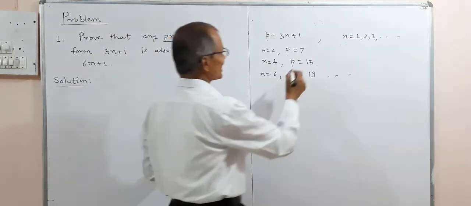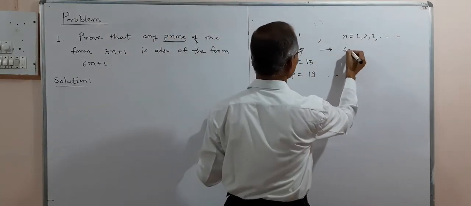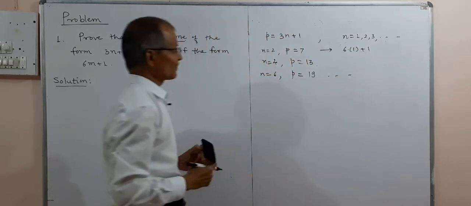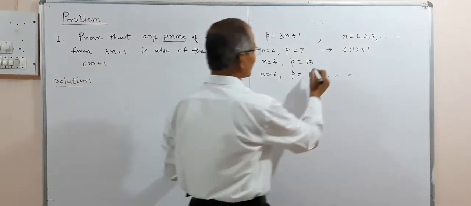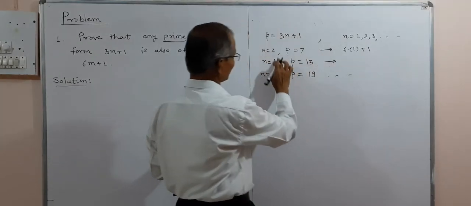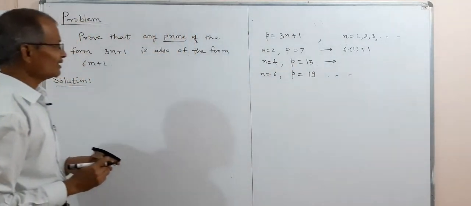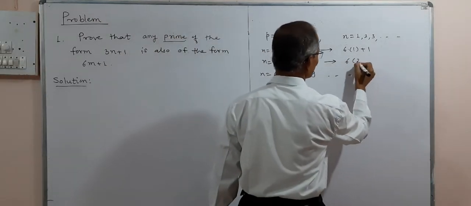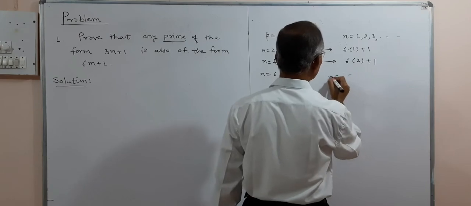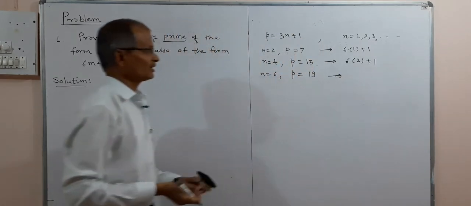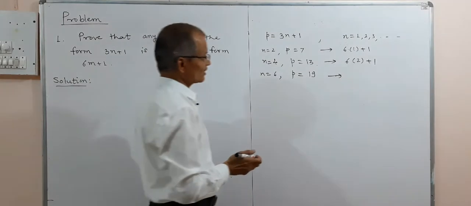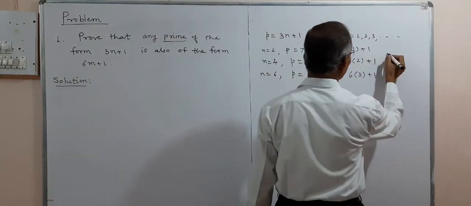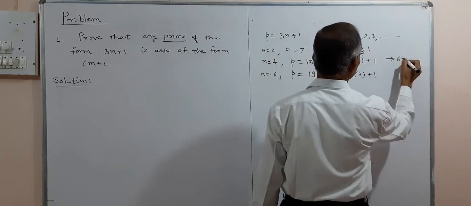Now this 7 can be written as 6 into 1 plus 1, that is 6m plus 1. Now 13 is a prime of this form 3n plus 1, but that 13 can also be written as 6 into 2 plus 1. And 19 can also be written as, you may observe again, 6 into 3 plus 1, or that means all these are of the form 6m plus 1.